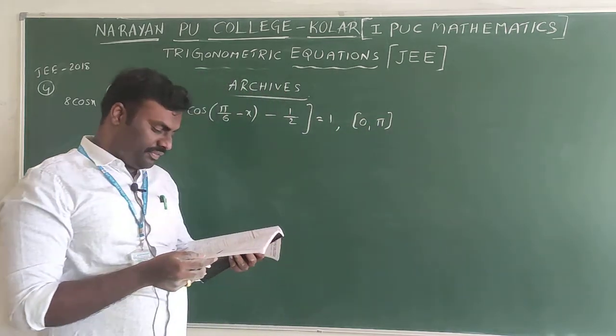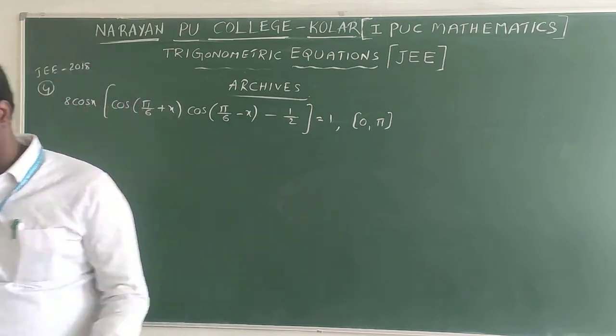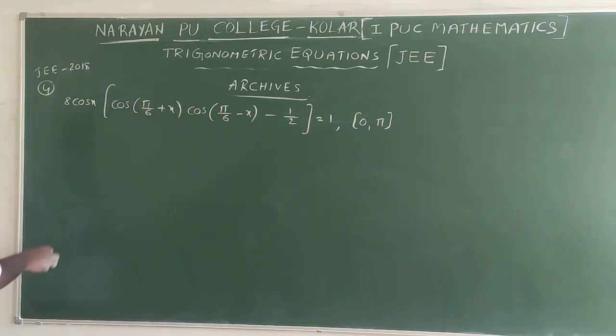The sum of all solutions they have given as k pi, and we need to find the value of k. Okay. First I will simplify this.